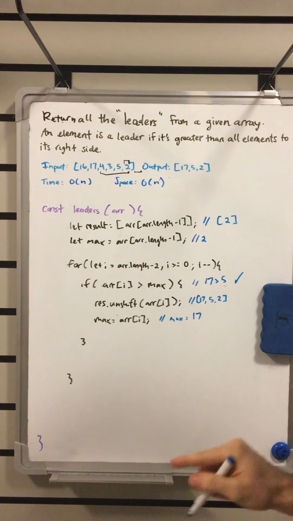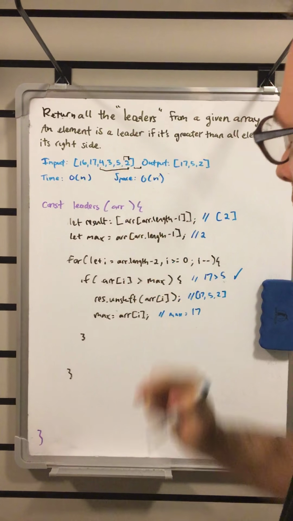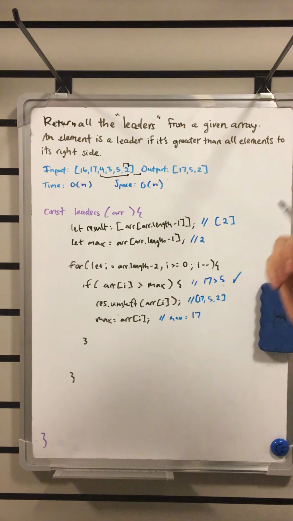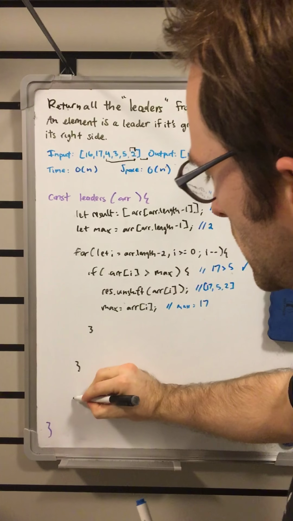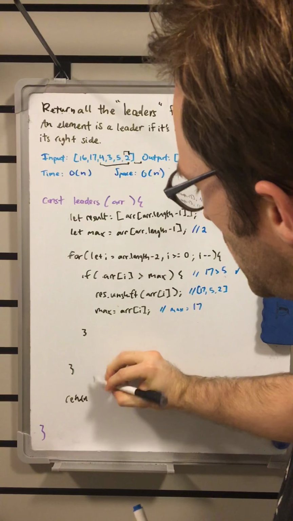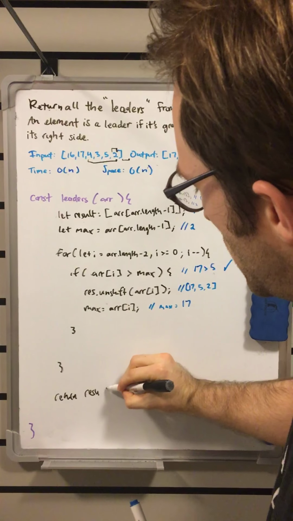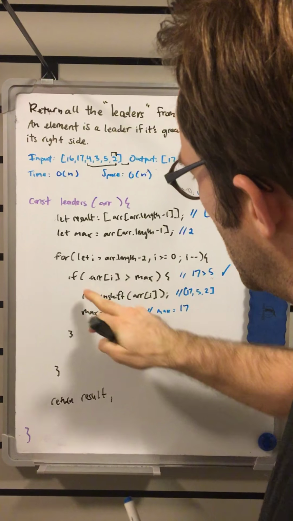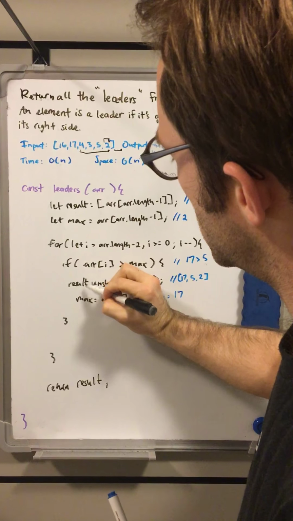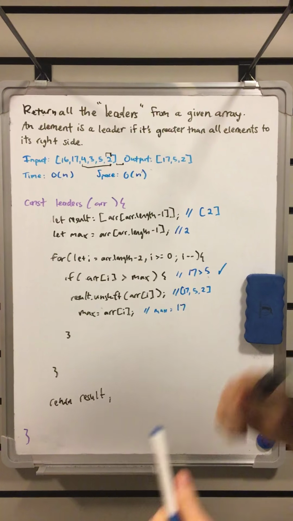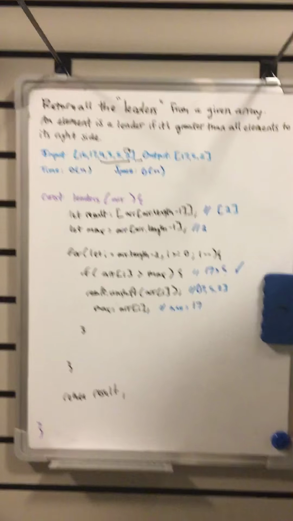We'll go to 17, and then we'll move to 16. 16 is not greater than 17, so then we exit, and then we will just return our result. I call it res here, call it result. And that is how you do this problem. Thanks so much.